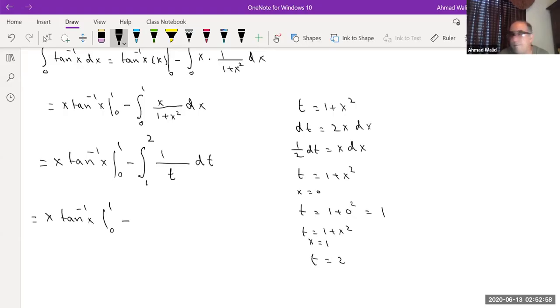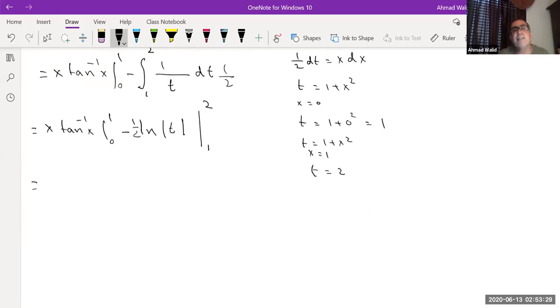Then the integral of 1 over t will be ln absolute value of t from 1 to 2. Here plug in upper bound, lower bound. And also here you have 1/2 of dt. Put your 1/2 here. That's it. You are done.